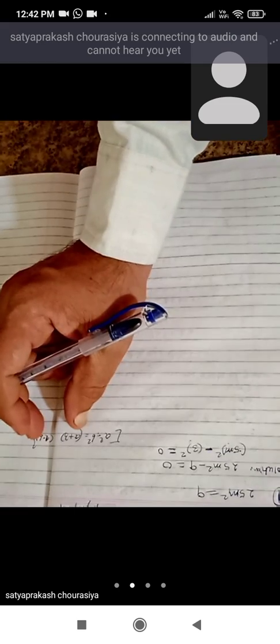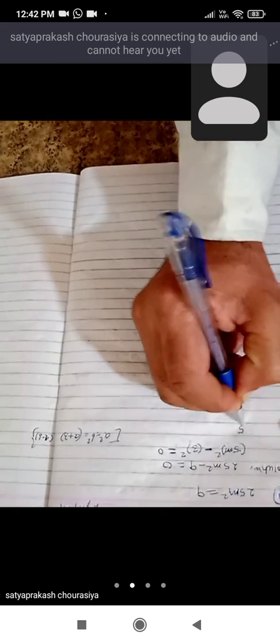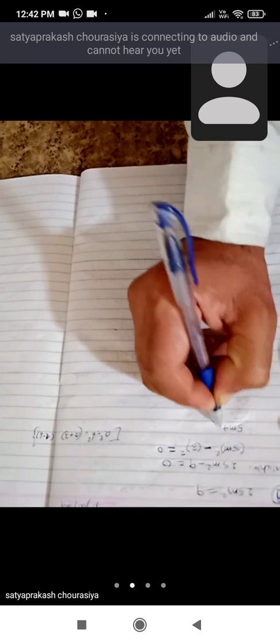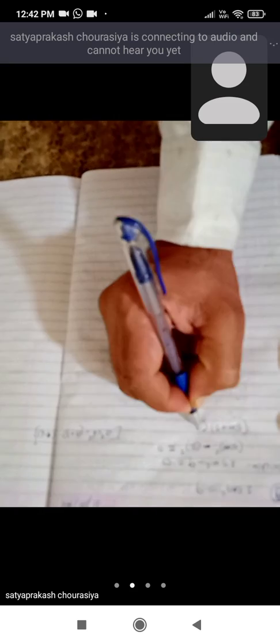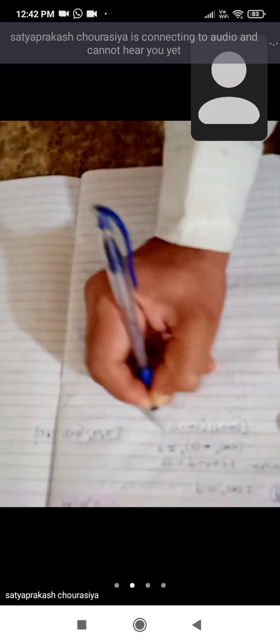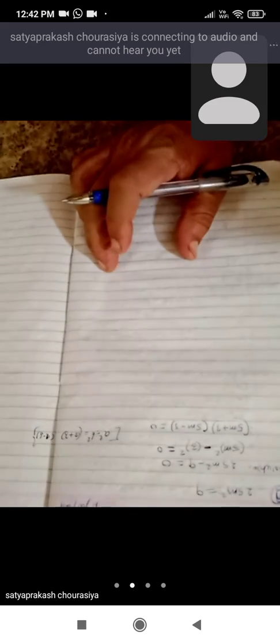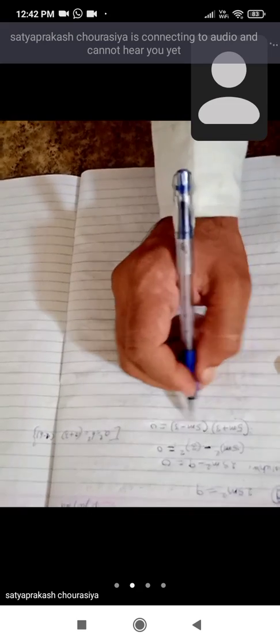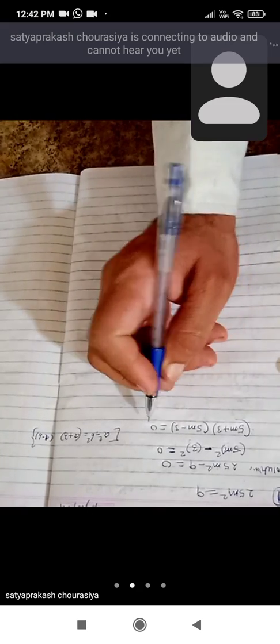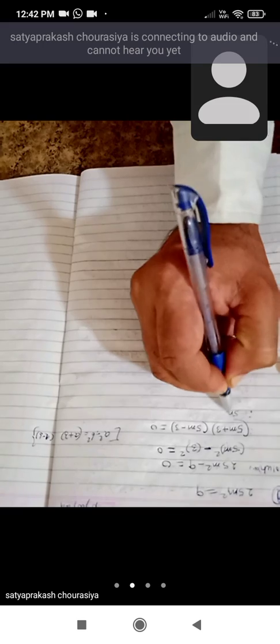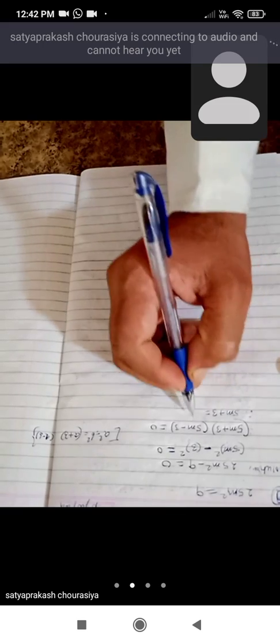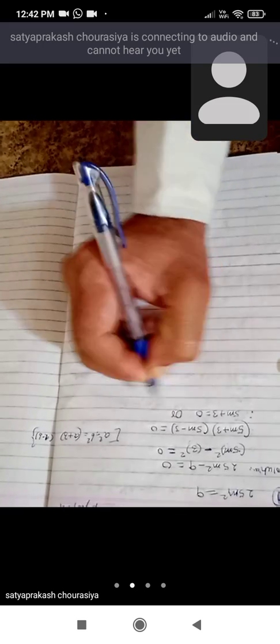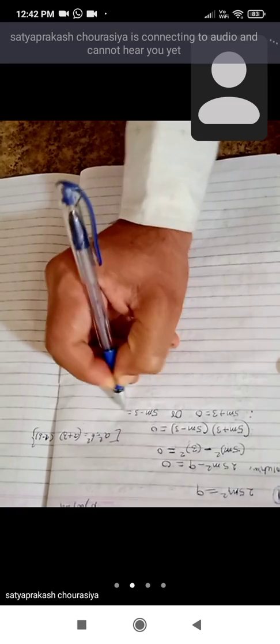Okay, now see, we will write in the form of the product. So one time we will write (5m plus 3), and in the second bracket we will write (5m minus 3) is equal to 0. Understood, student? ये समझ में आ गया आपको? Now since the product of these two brackets equals 0, it means either 5m plus 3 is equal to 0 or 5m minus 3 is equal to 0.